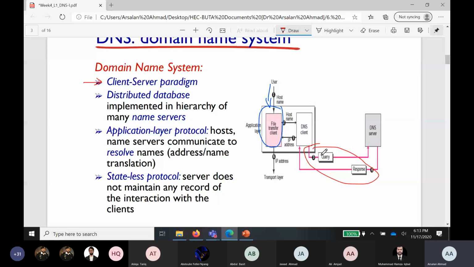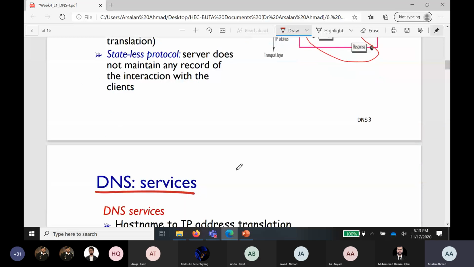The server will not maintain any state, because stateful protocols tend to take more time, because they have cookies or state maintained of the users in the backend database, and whenever a user queries something, they check the previous sessions and try to give a stateful response, and this generally takes more time. So DNS is a stateless protocol, and that's also the reason why it works on UDP.